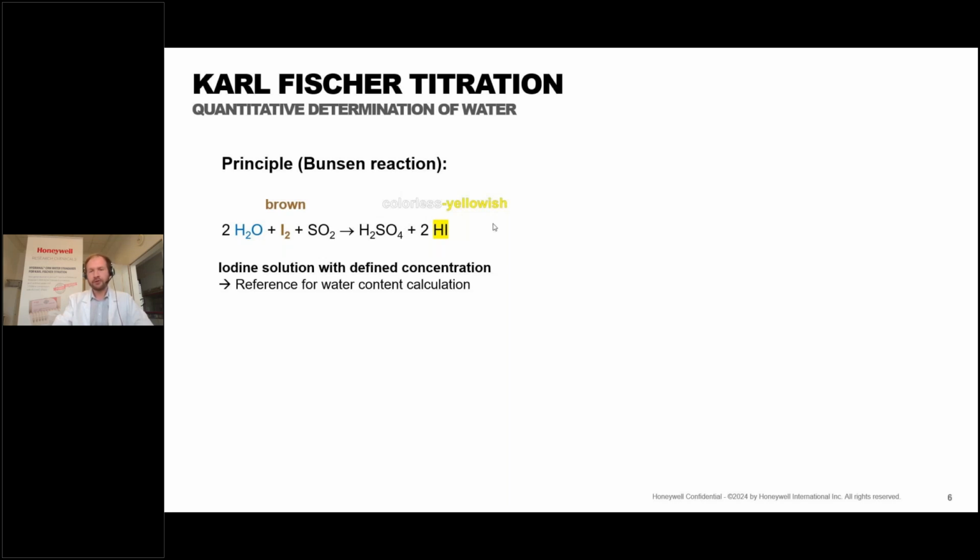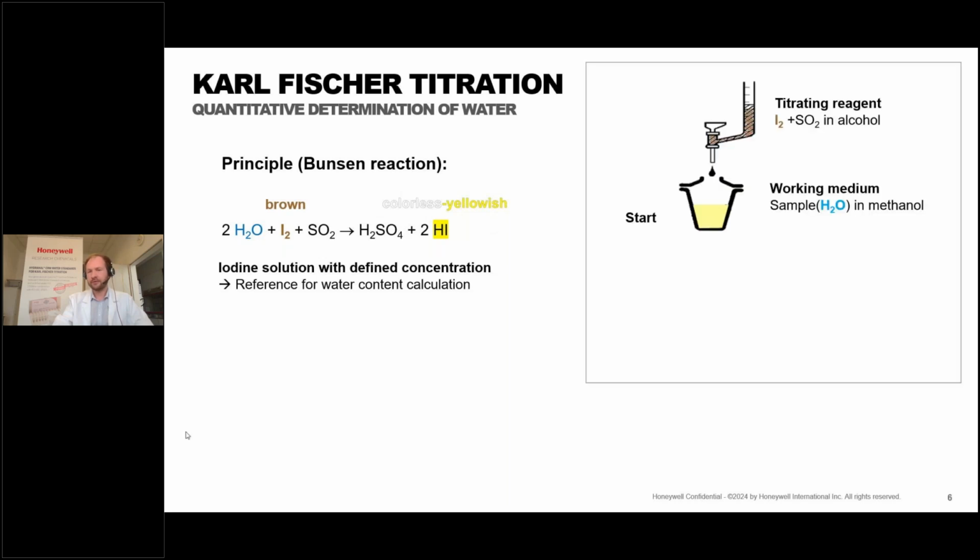A typical volumetric titration is performed by adding an iodine SO2 solution, the so-called titrant, to a closed beaker which contains the sample dissolved in methanol.